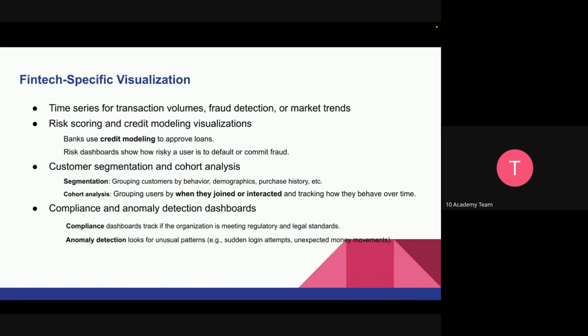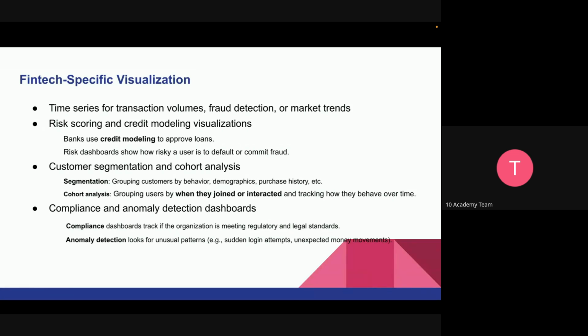They would use these risk scoring visualizations to visualize one person's value for lending. So for credit modeling, they will do this credit analysis to decide the final decision about loaning and so on. So these kinds of visualizations are used within the fintech industry.